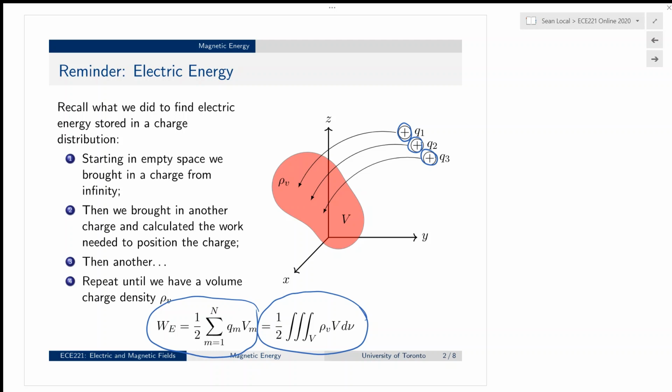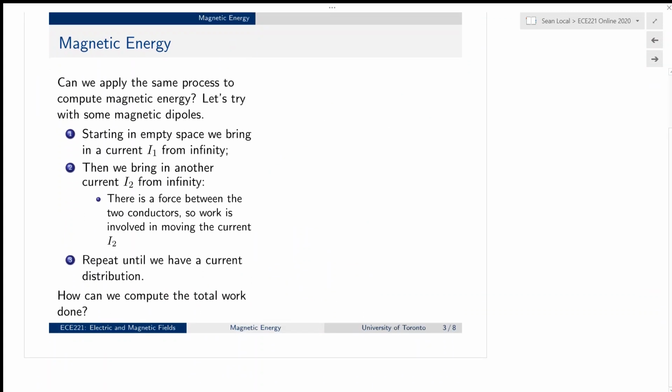So the process for magnetic energy, or determining the total magnetic energy, is quite similar. Can we apply the same process? We can indeed, if we start with the equivalent of elementary particles in a magnetic system. So we don't have magnetic monopoles, but we do have magnetic dipoles.